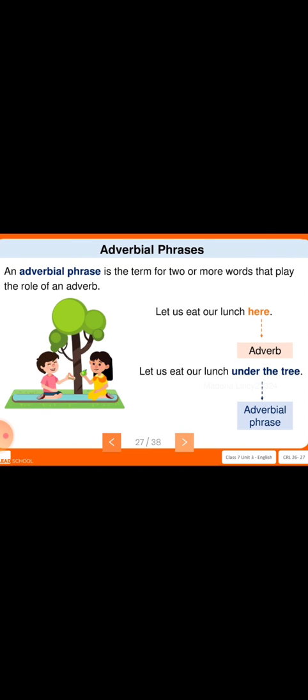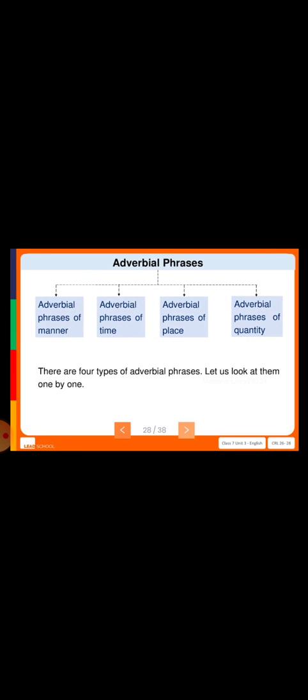Here under the tree plays a role on the particular word. Adverbial phrases are of four types. What are they? Adverbial phrases of manner, adverbial phrases of time, adverbial phrases of place, adverbial phrases of quantity.